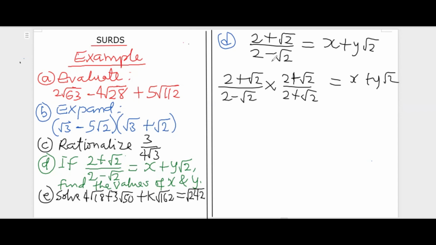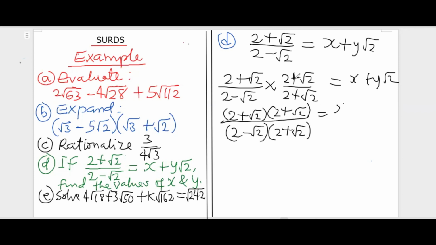Let's simplify this. The numerator is a perfect square now: 2 plus root 2 into 2 plus root 2, over 2 minus root 2 into 2 plus root 2, which is x plus y root 2.